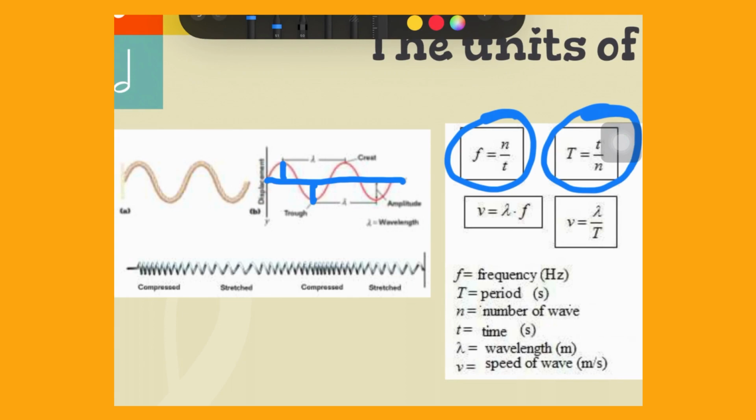The distance between crest to crest is the wavelength, or trough to trough is the wavelength. Or we can say this one, the distance from A, B and C, this one is one wavelength.